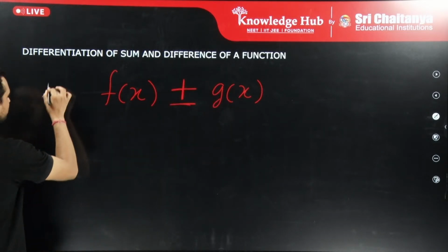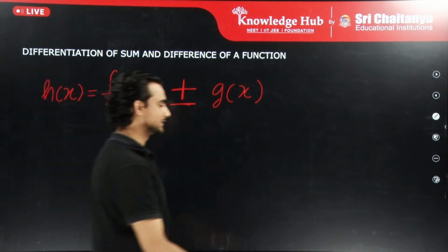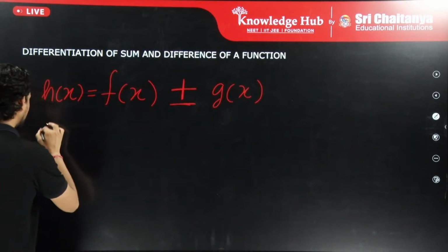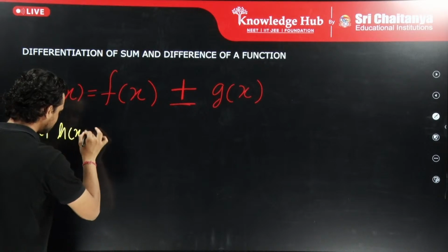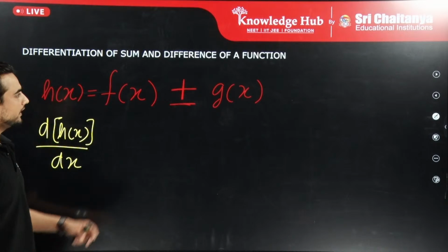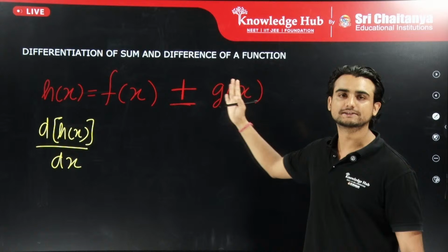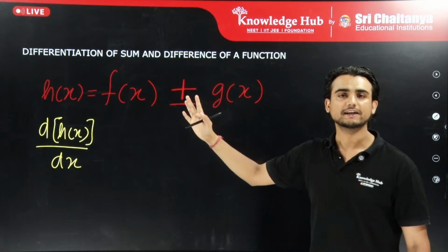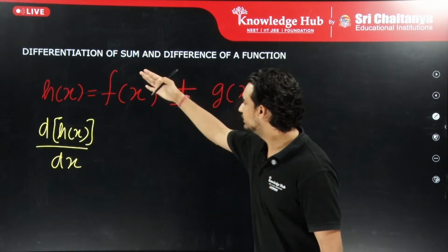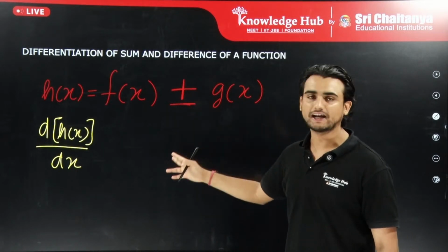Let this function be h of x. If I want to differentiate h of x with respect to x, and I have a sum or difference of two functions, then I differentiate both the functions one by one.